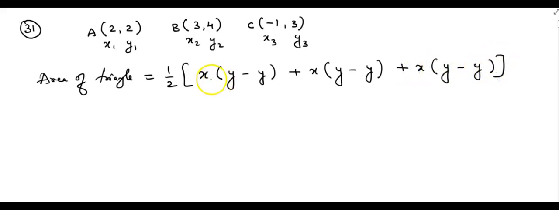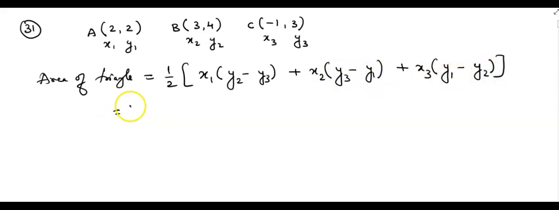Use this logic. Write here x1, x2, x3. Now you should use the logic here. After 1, 2, after 2, 3. 1, 2, 3. Then 2, 3, 1, 3, 1, 2.